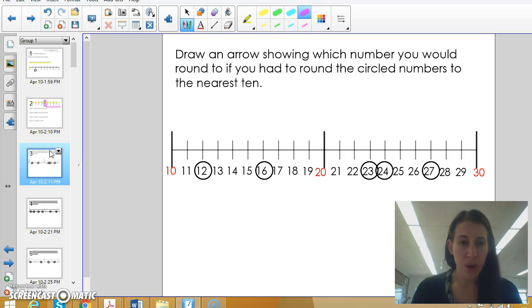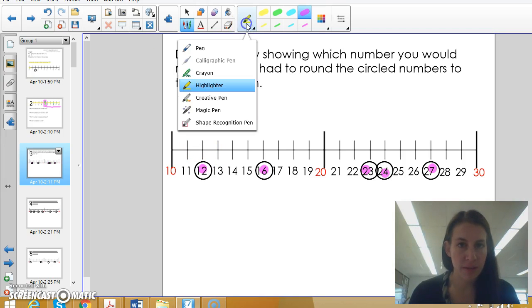So if the question was to round these numbers 12, 16, 23, 24, and 27 to their nearest 10, the first thing we have to do is look at these numbers and see what number is in the tens digit.